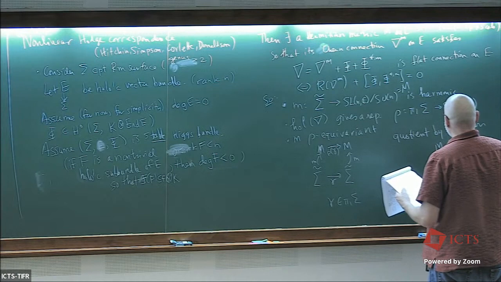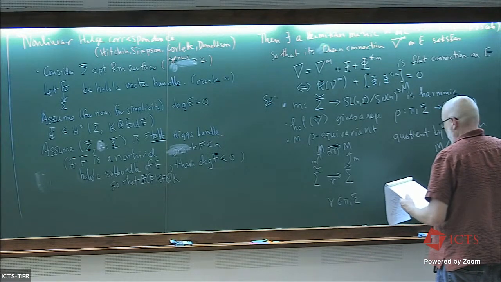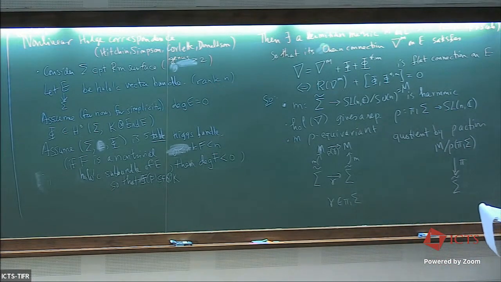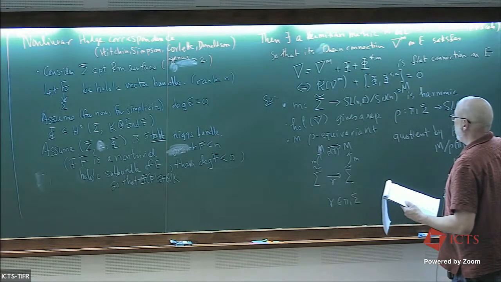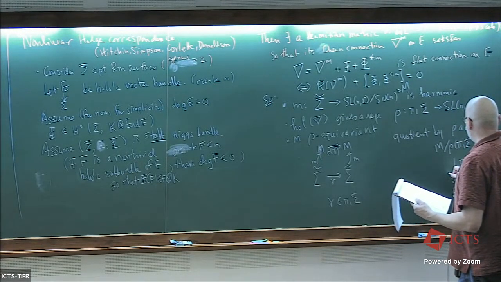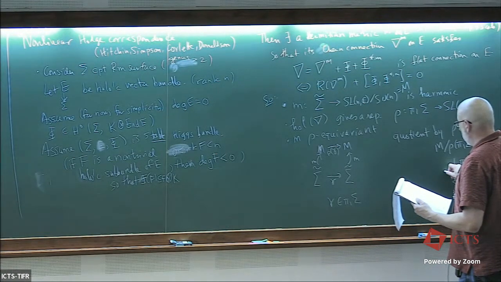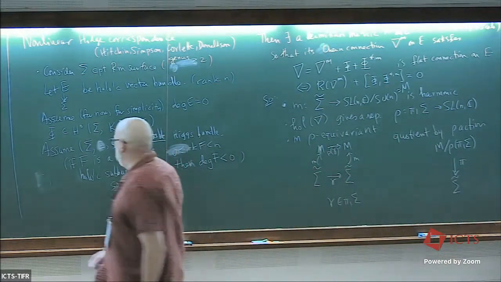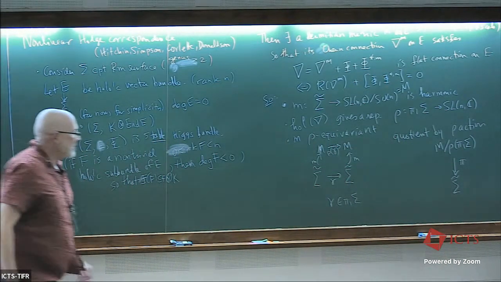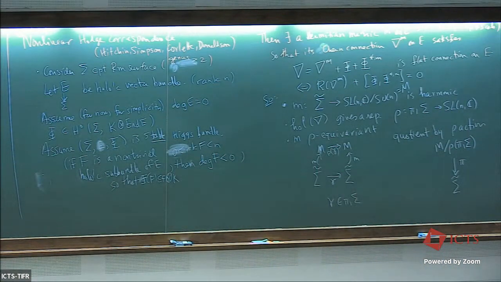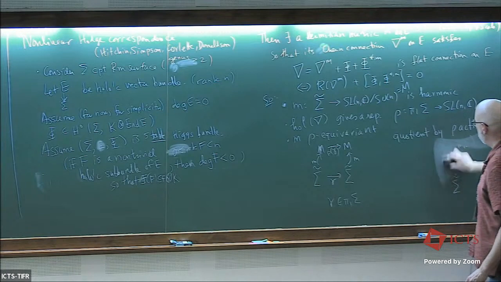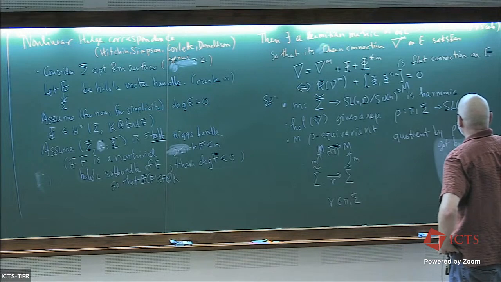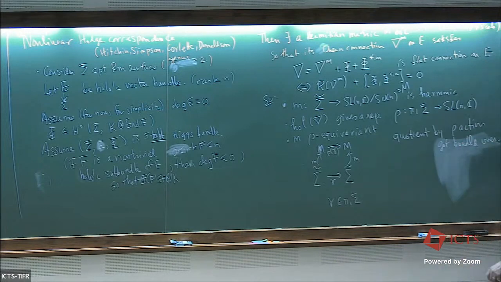So we have M divided by the action. This is going to be a bundle with fiber, actually, I think I wrote that down wrong, so let me not say that. Anyway, you get a bundle over sigma.